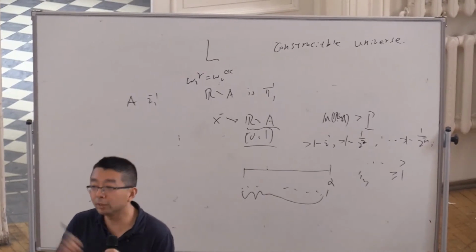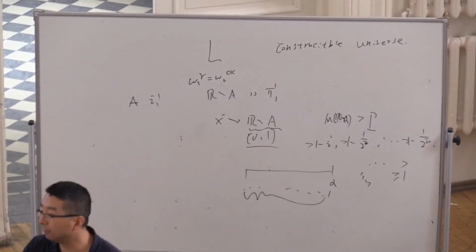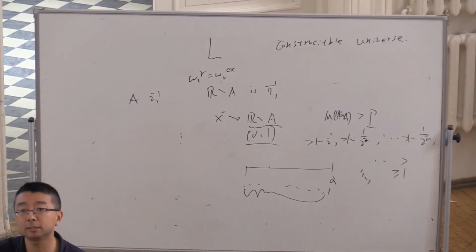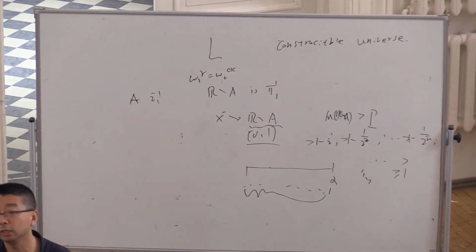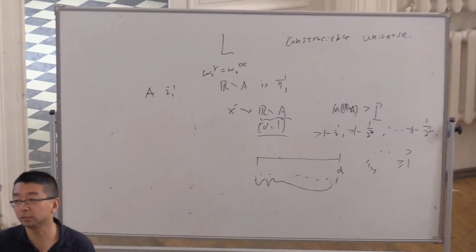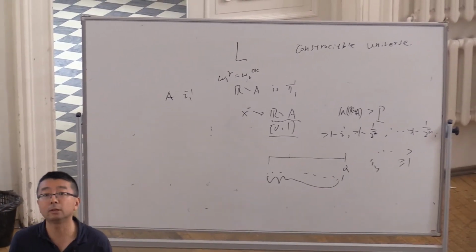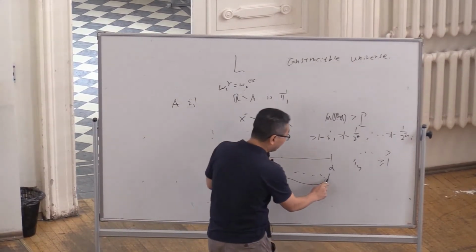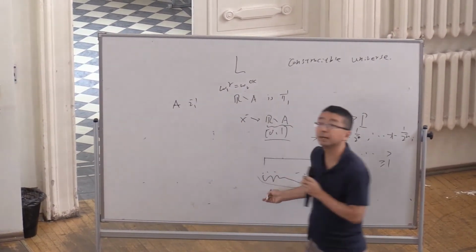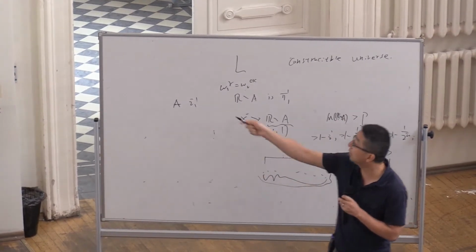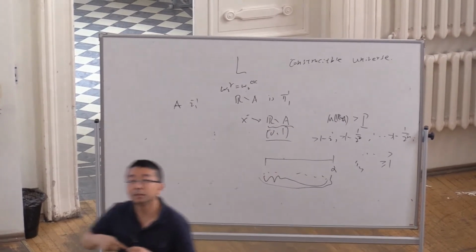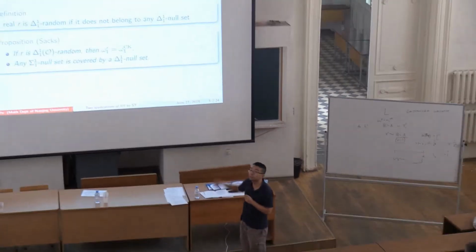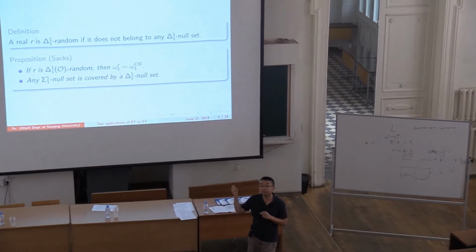So if we can find the stage, then we found all of these reals either in A or not in A up to this stage, which means it's recursive, so it's Delta 1 1. So up to this stage, it becomes a Borel set, a Delta 1 1 set. So we have this result. This is the rough idea of how to prove this using recursion theory, using Spector-Gandy theory.